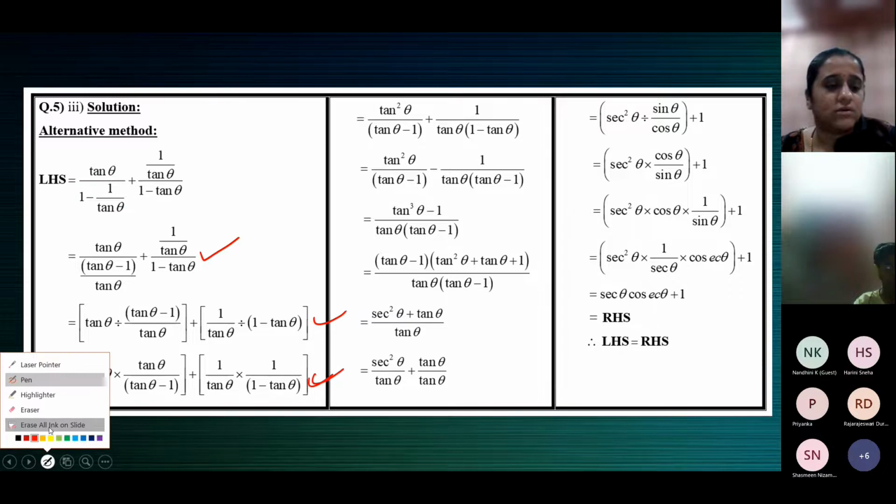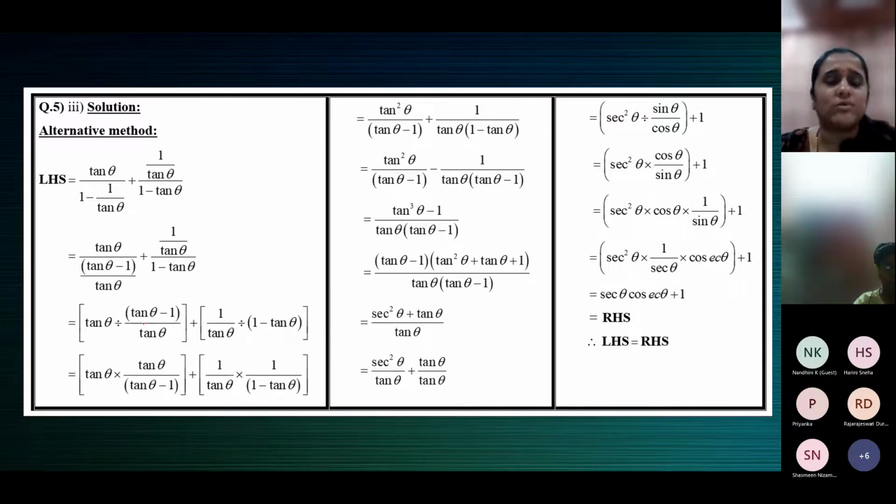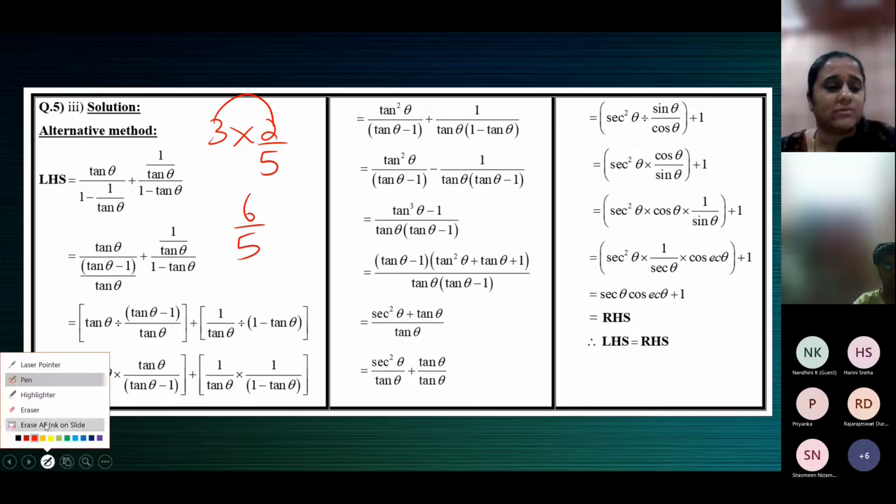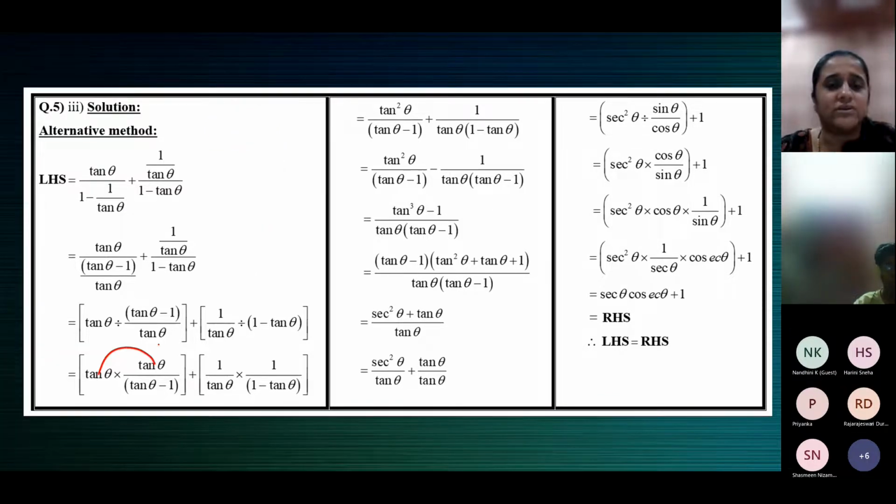Now multiply the numerators. Whenever it's multiplication, that's how it works. If you have 3 into 2 by 5, what will you do? 3 into 2, 6 by 5. Similarly, tan theta into tan theta, tan square theta, by tan theta minus 1. Denominator into denominator, nothing in the denominator. Like 3 into 2 by 5, meaning by 1 it is.